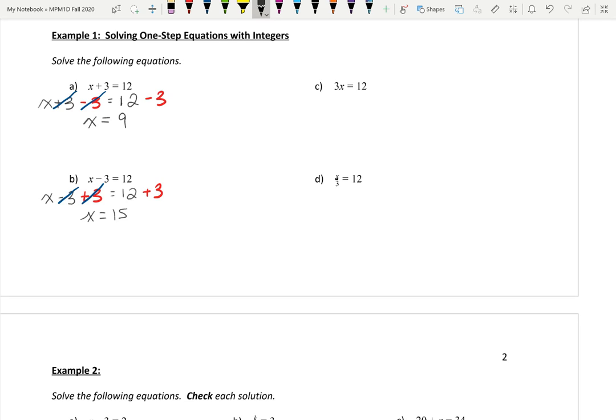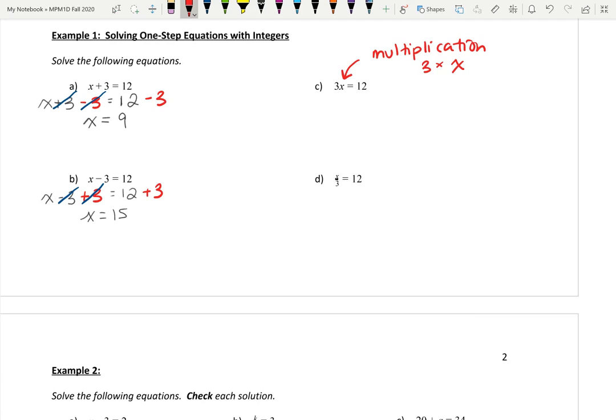See, 3x is equal to 12. So remember, when you see 3x together like this, it means multiplication. So really, this is 3 times x.